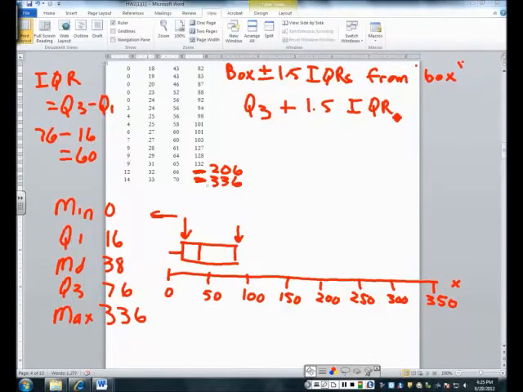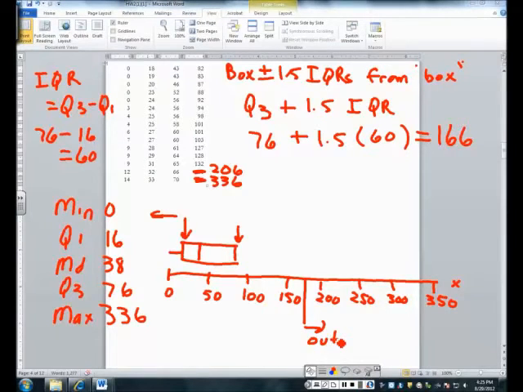And so that's going to be 76 plus 1.5 times 60. And that'll be 166. And so any value beyond 166, I'm going to write down here, anything above there is at least an outlier.